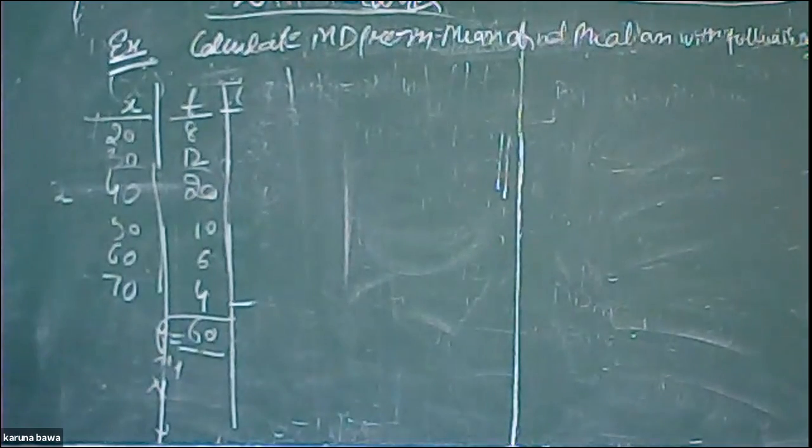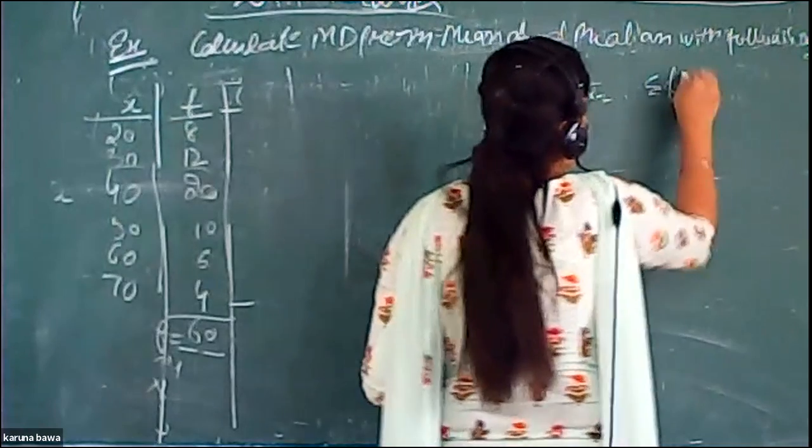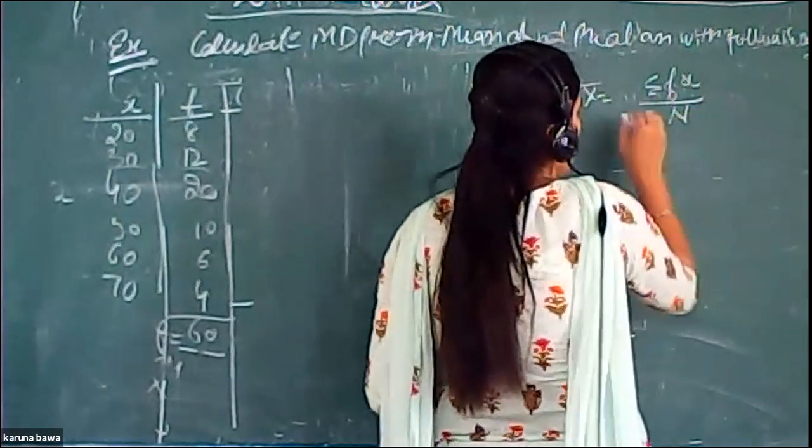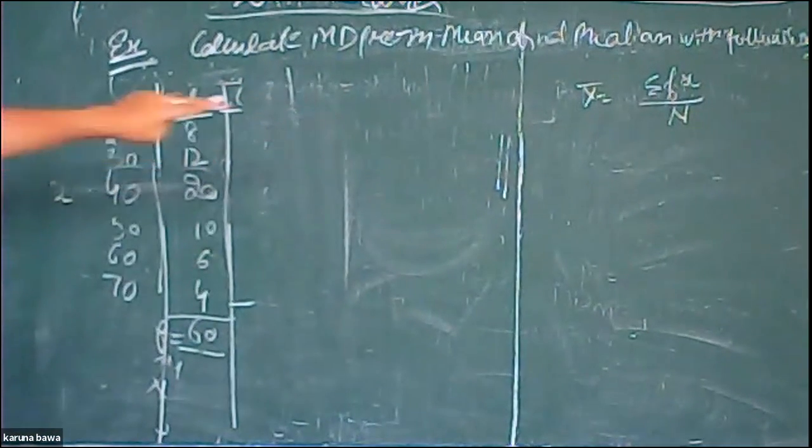First of all, the formula of the mean in the discrete series is summation fx over n.